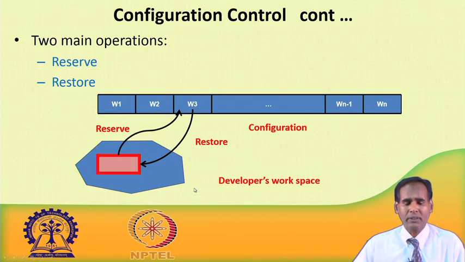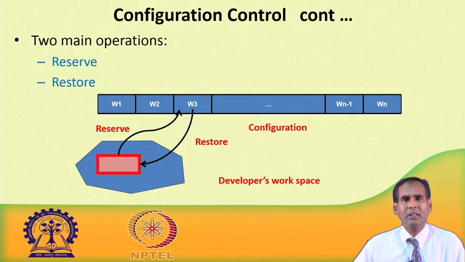The developer will make the changes in this private copy, and then the changes he has made in the private copy will be sent to the project manager or the steering committee. We call it a committee, there is a committee called the CCB, I will just show you. That committee will then investigate the various aspects of the changes.